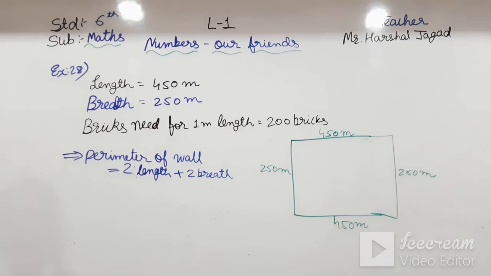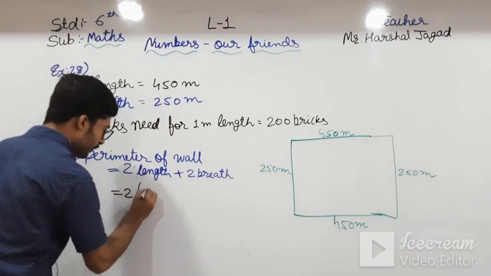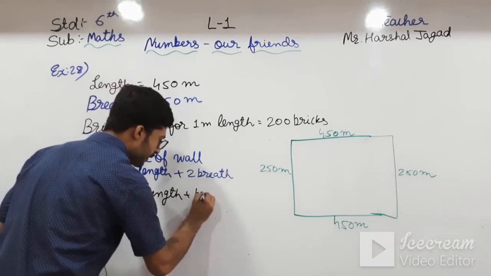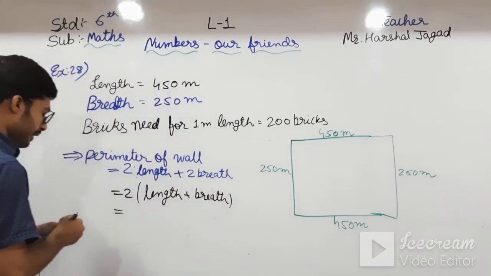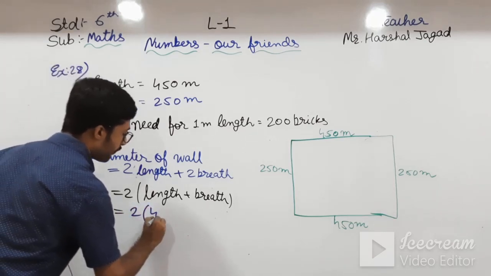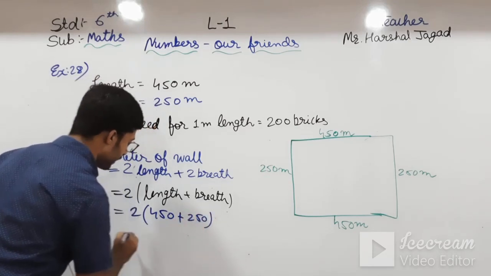So first of all multiply by yourself students. So what have we done? We have just taken the common 2 here: 2 into length plus breadth. So what will be there? 2 into length is 450 plus breadth is 250.